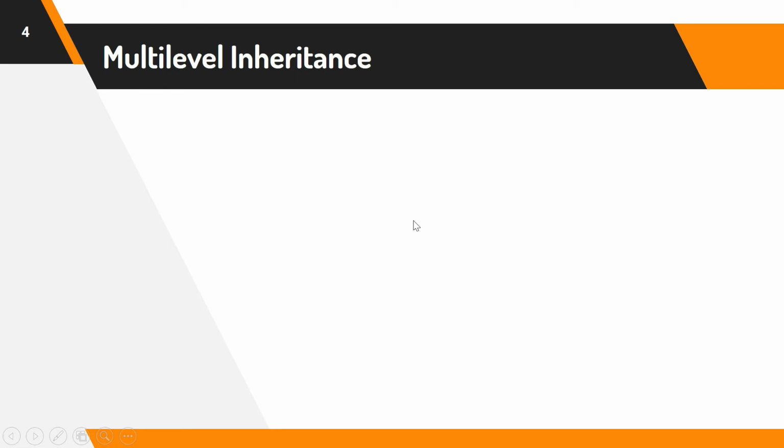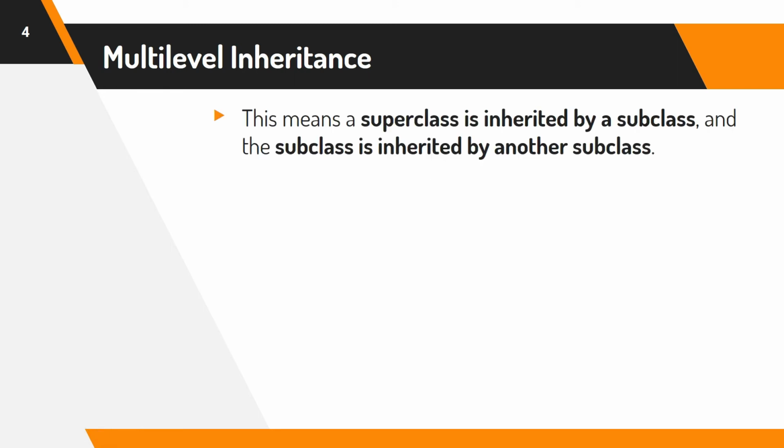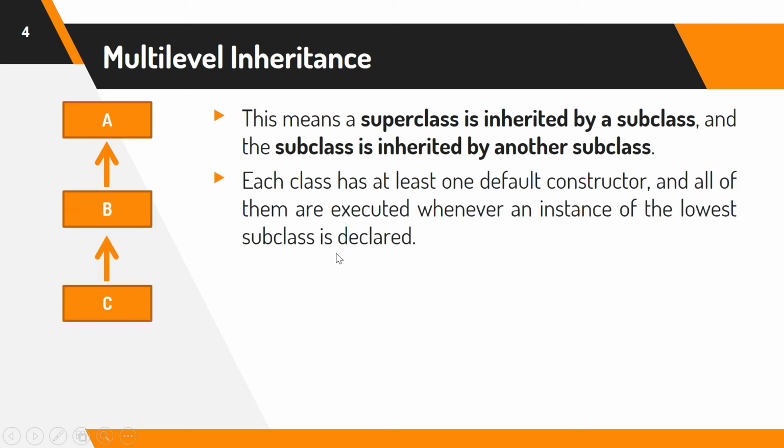Let's proceed to multi-level inheritance. So when we say multi-level inheritance, a superclass is inherited by a subclass, and the subclass is inherited by another subclass. So we have here the following representation in its diagram. Each class has at least one default constructor, and all of them are executed whenever an instance of the lowest subclass is declared.